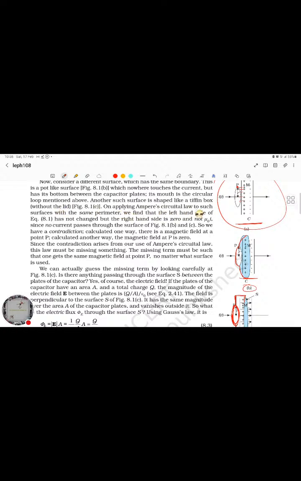On applying Ampere's circuital law to such surfaces with the same perimeter, we find that the left hand side of the equation 8.1 has not changed.